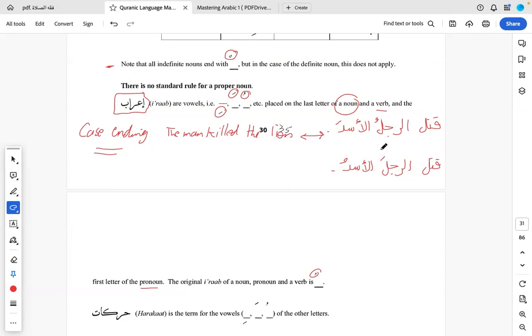And the الرجل ending with a فتحة means it's the object. So this sentence means the lion killed the man. Now, as you can see, the order in the English sentence has changed, while in Arabic it's the same, but the haraka changed the meaning.